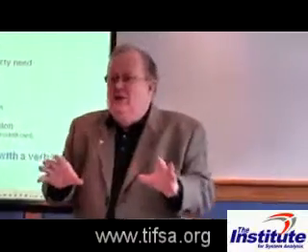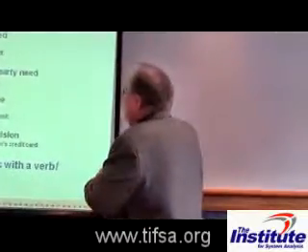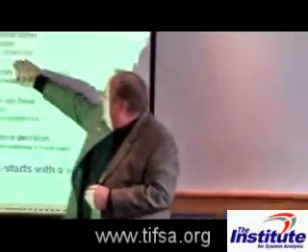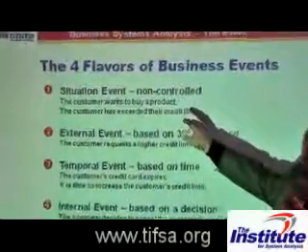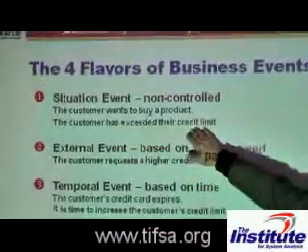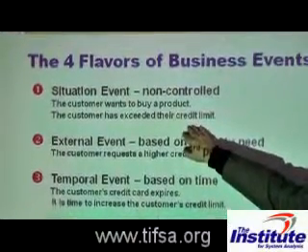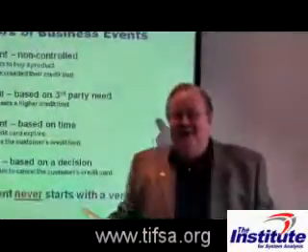And let's address some of the events that there might be in a system for a company that manages credit cards, such as a customer wants to buy a product. And we can imagine a customer buying something, but that's external from us. A customer has exceeded their credit limit. Now, I don't know anything about that, but we can relate to that, right?